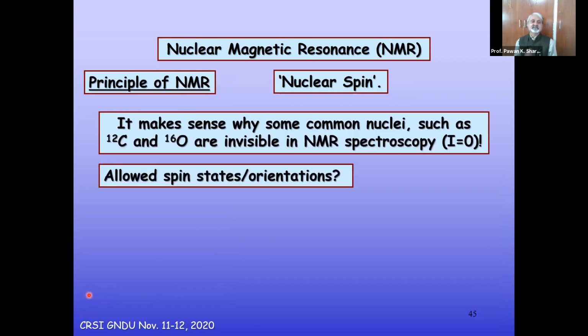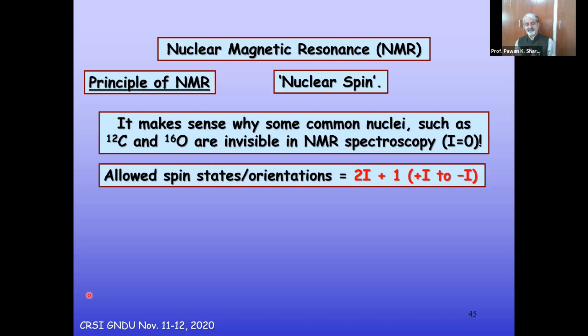For each nucleus with spin, the number of allowed spin states it may adopt is determined by its nuclear spin quantum number. So for each nucleus, the allowed spin states or orientations are given by 2I plus 1, where I is the spin we have just found out.